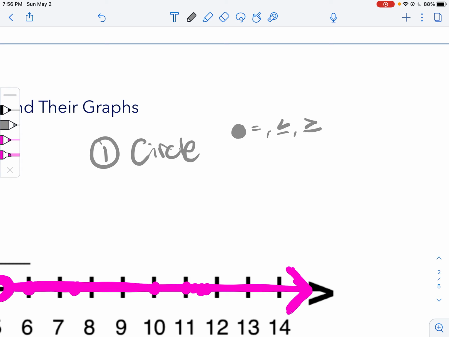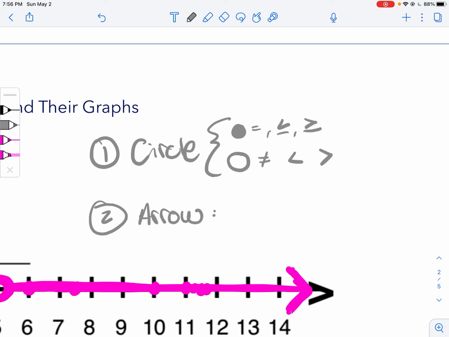You want to use an open circle for when there's not equal to, or strictly less than or strictly greater than. So the first step, draw your circle. The second step is to draw your arrow. Figure out what direction you're going. We've been doing this by trying numbers. We substitute them into the inequality and just shade what makes it true.